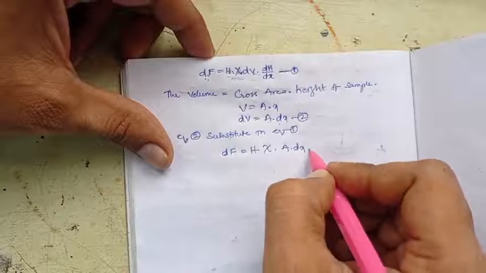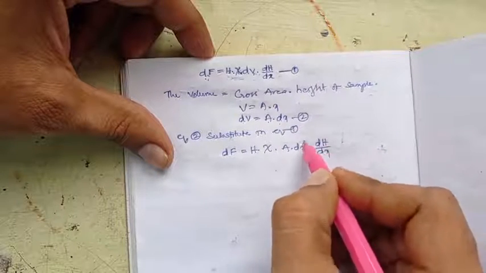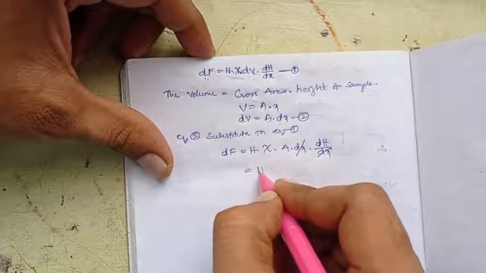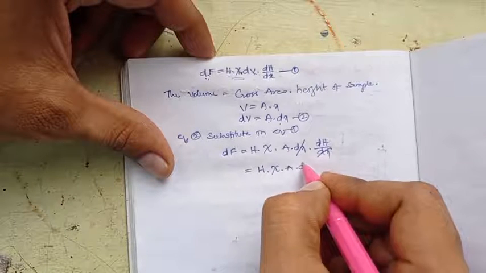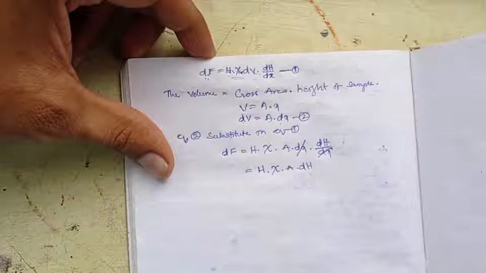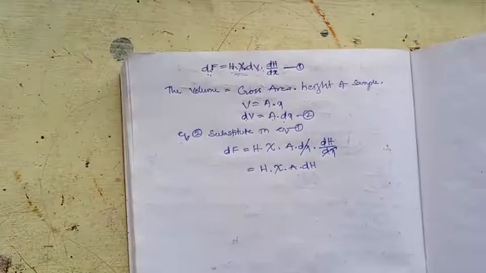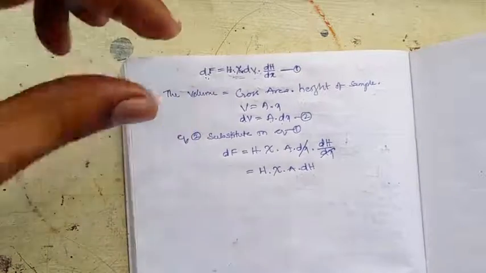In multiple of dH by dx, where this dx will get cancelled, which results in dF is equal to H into chi into A into dH, right? This is what we got.